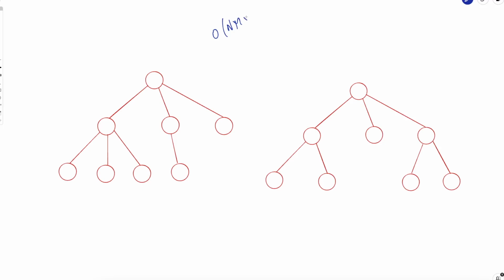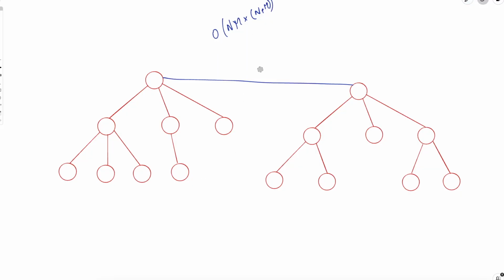Now after you have formed a tree, let's say this tree, you are trying to figure out the diameter, and as we discussed, the diameter requires you to do a DFS or BFS twice. So basically that will take you order n plus m time, right? Because the number of nodes in the new tree would be n plus m. So this is the overall time complexity of the brute force algorithm we have, right?